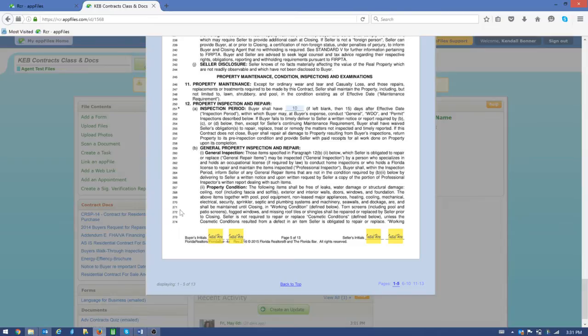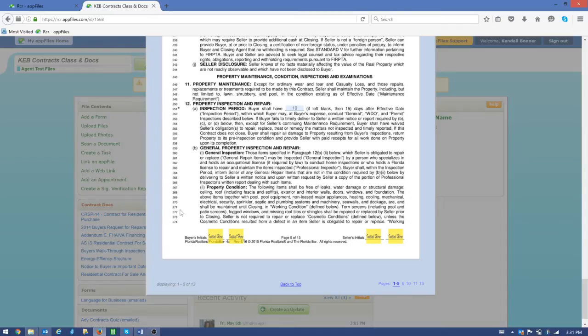Doors, windows, and foundation. The above items, together with the pool equipment, and non-leased major appliances, heating, cooling, mechanical, electrical, security, sprinkler, septic, plumbing systems, and machinery, seawalls, and dockage are and shall be maintained until closing in, quote, working condition, which is defined below. We'll get to that.